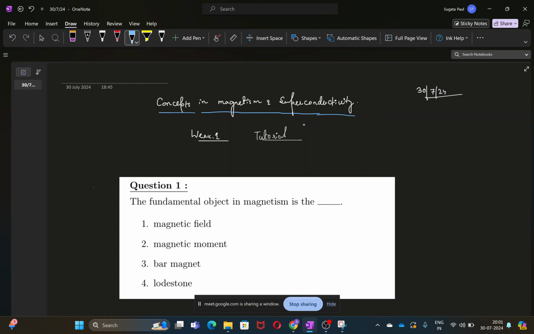Apart from that, we will mainly focus on solving more and more similar types of problems in the tutorial session. So in this session, I will not solve the actual week 1 assignment that you are given to solve for this week, and the deadline is 8th August.